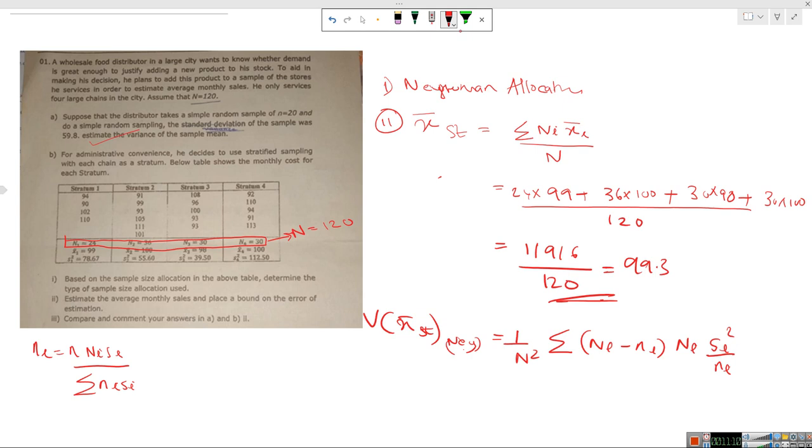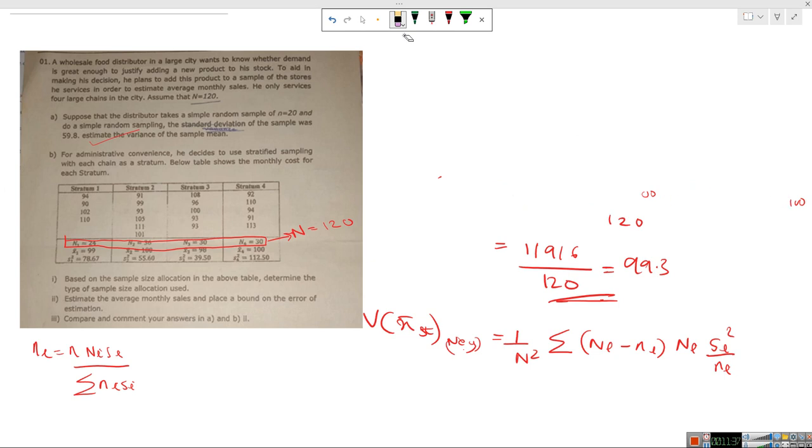So now we need one more column, that is Ni into Si. We have to make that table, right? So if we have any questions in stratified random sampling, then we have to make this table so that we can easily get the answers, right? So the first work that you should do is to convert the given data into a table, where in the first column you write the strata and then the necessary things, right?